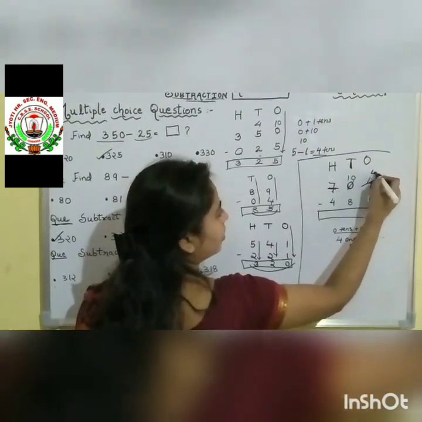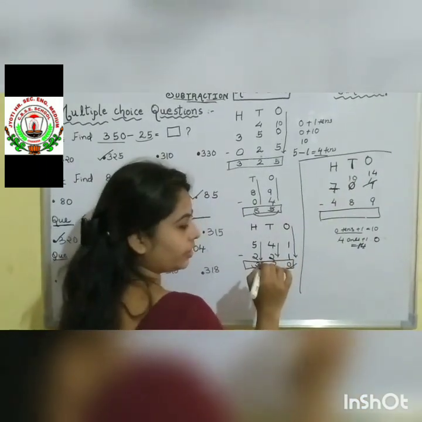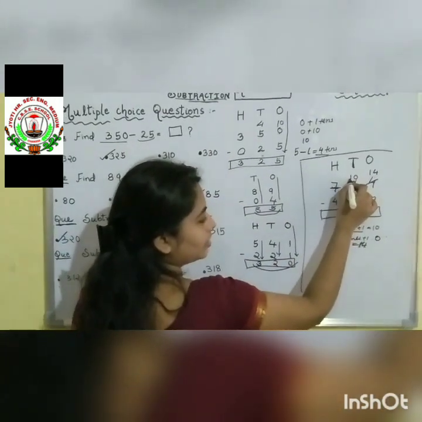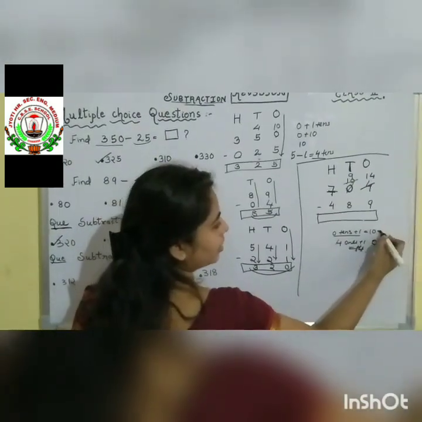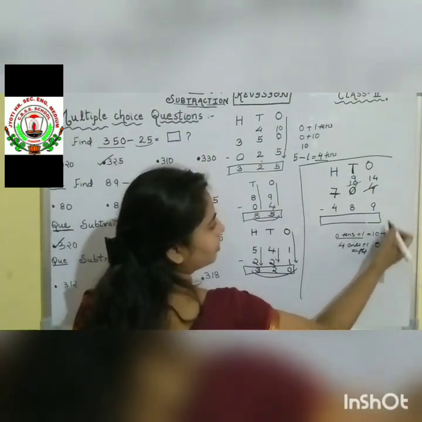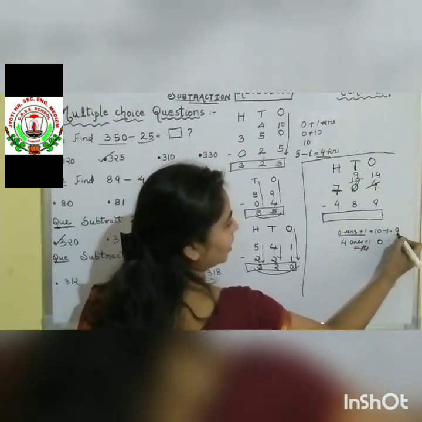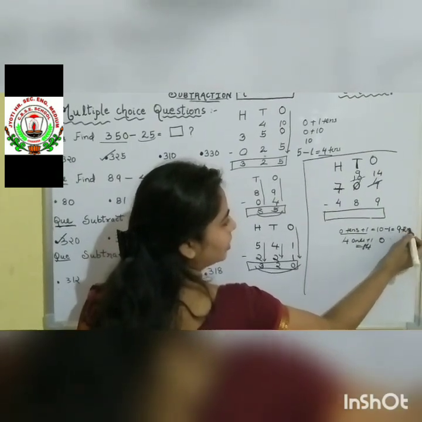The new number on the ones place is 14. Then this 10 will not remain same, it will become 9, because 10 minus 1, 1 has been given to the ones place. So it has become 9 tens.